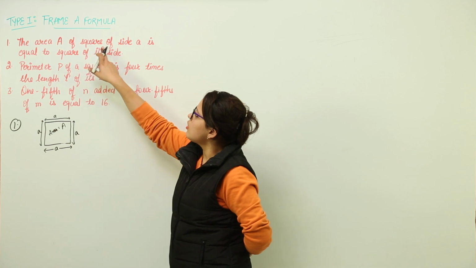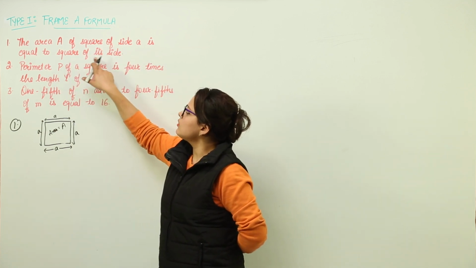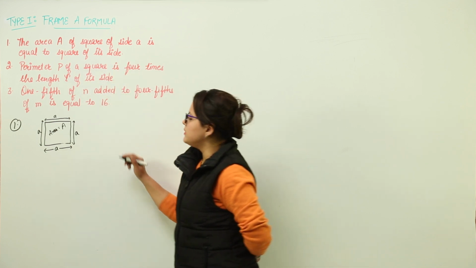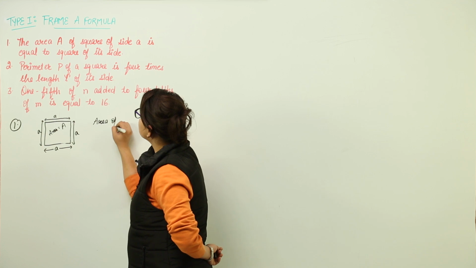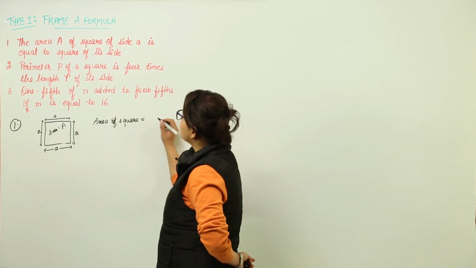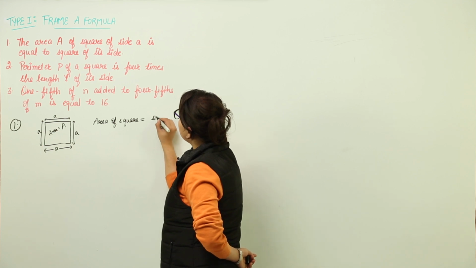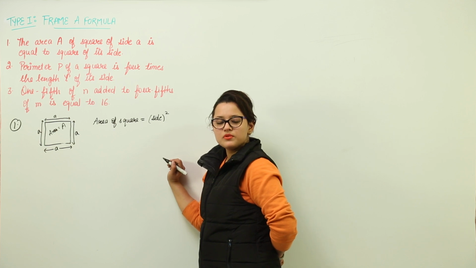The area A of a square of side a is equal to the square of its side. That means the area of a square is given by the square of its side. This is how we can represent it.